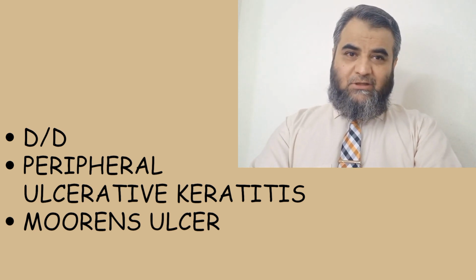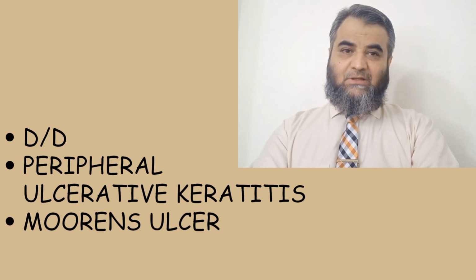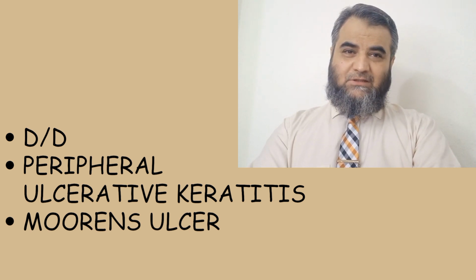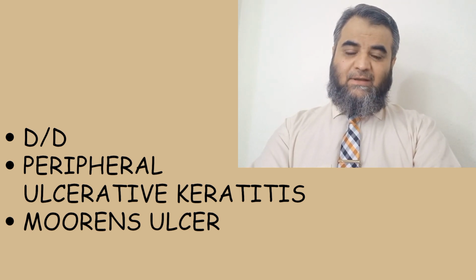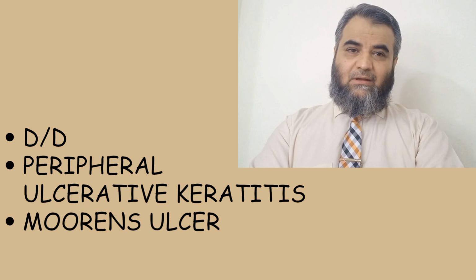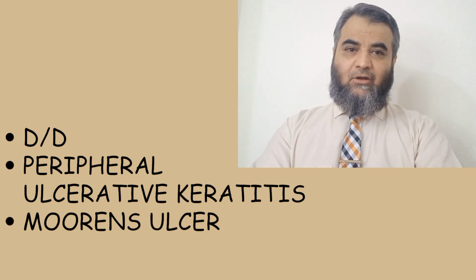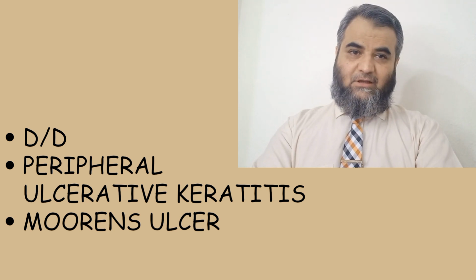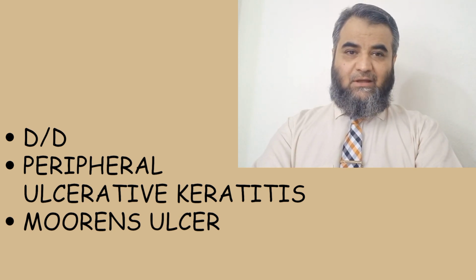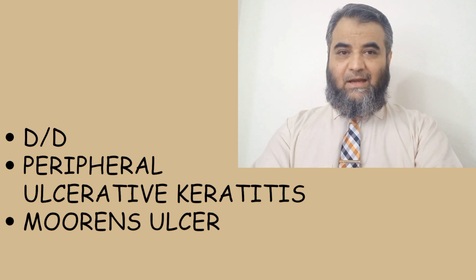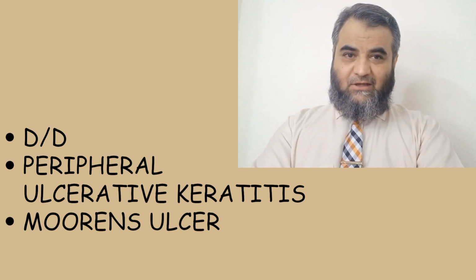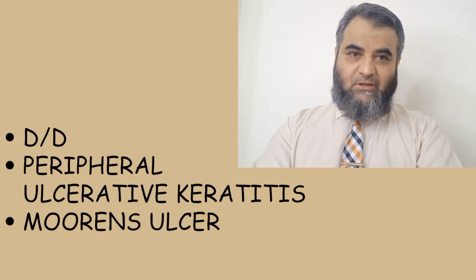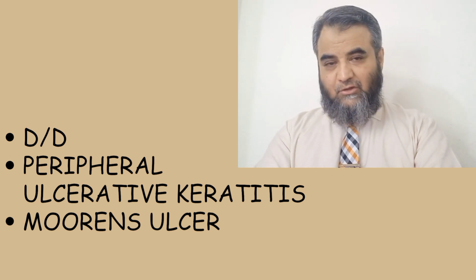The other entity to be kept in mind by the physician is Mooren's ulcer. Mooren's ulcer is differentiated because there is no healthy cornea between the limbus and the lesion, but in marginal keratitis we will definitely have healthy cornea. So these two entities should be kept in mind by the physician while treating marginal keratitis.